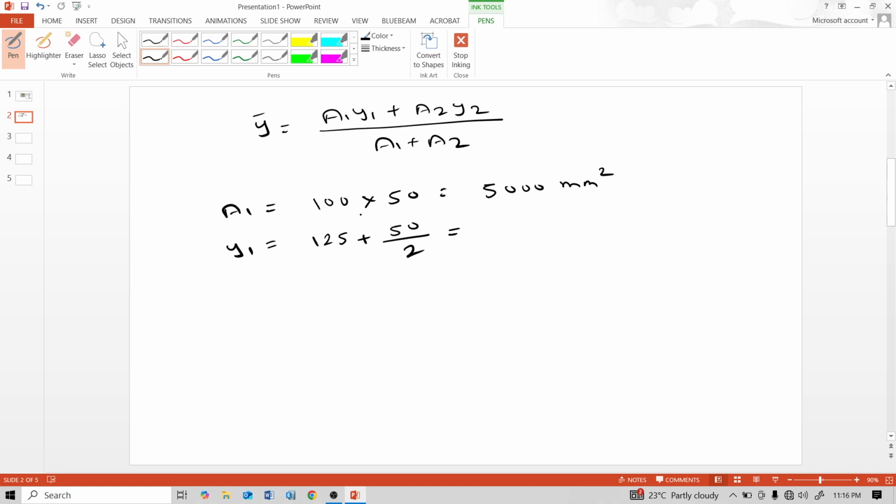For area calculation we use the multiply sign because rectangle area is B into T, width into depth. And the distance from bottom, we add: 125 plus 50 by 2 is 150 mm.